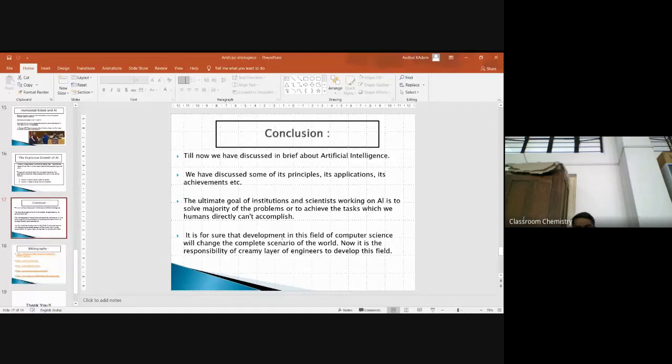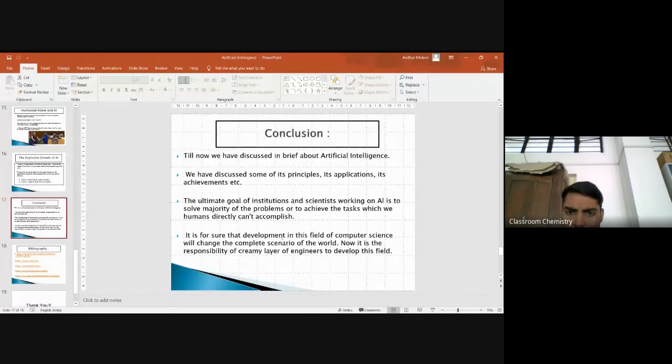Till now we have discussed artificial intelligence in brief. We have discussed some of its principles, its applications, its achievements. We see applications of artificial intelligence in medicine, in music, in computer-based different programs, in robotics. The ultimate goal of institutions and scientists working on artificial intelligence is to solve the majority of problems or to achieve tasks which we humans directly cannot accomplish.